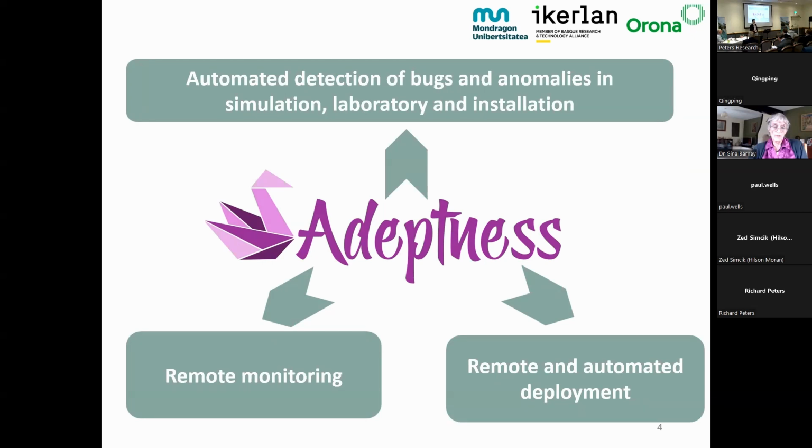The second thing we wanted to do is analyze the impact of these changes in the installation, so we had to remotely monitor the system. We also wanted to automatically update and deploy the new versions, both in the installation as well as in our personal computers and in the hardware in the loop test benches.